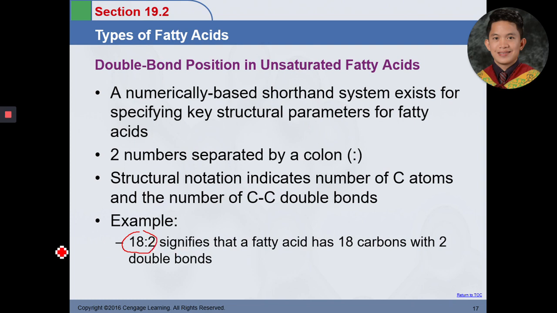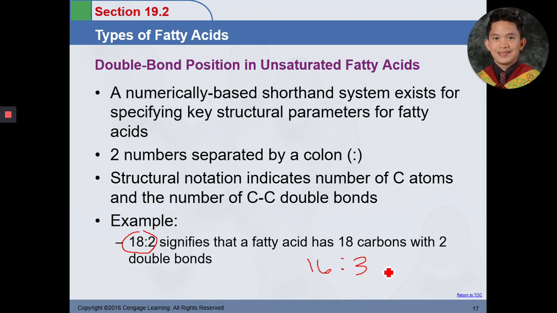Another example, say the numerical annotation is 16 colon 3. This would tell us that there are 16 carbon atoms and 3 double bonds in that fatty acid.